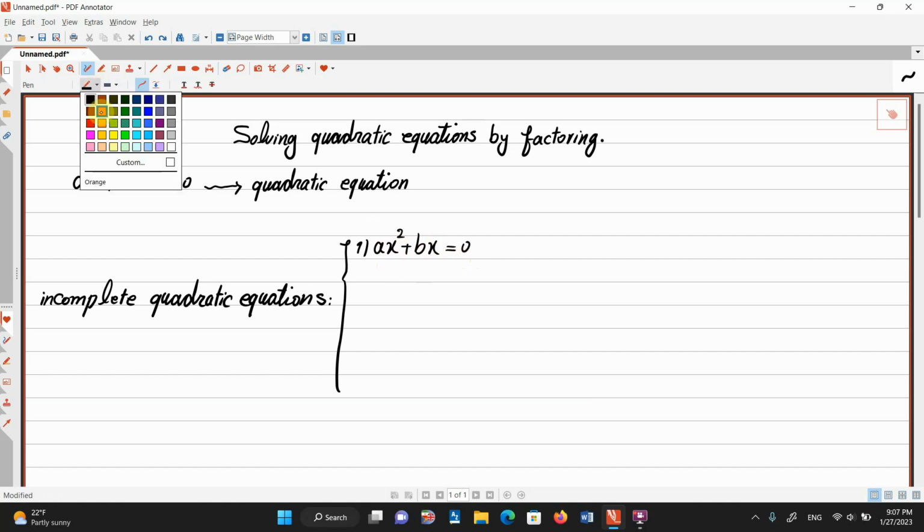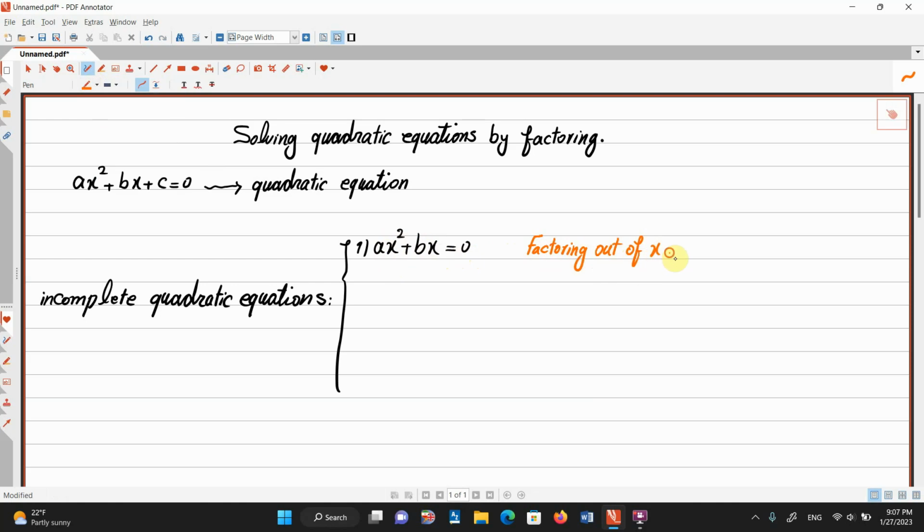The best way to solve this type of quadratic equations is factoring out x, then using the zero product property.